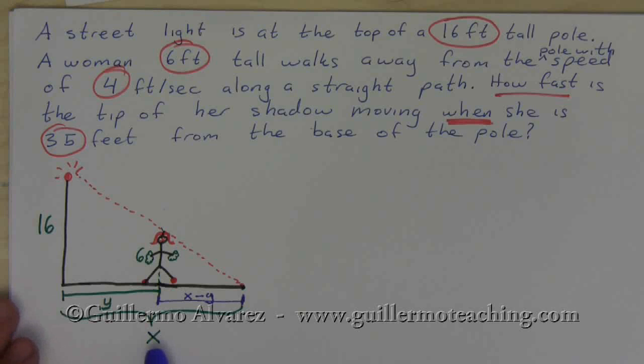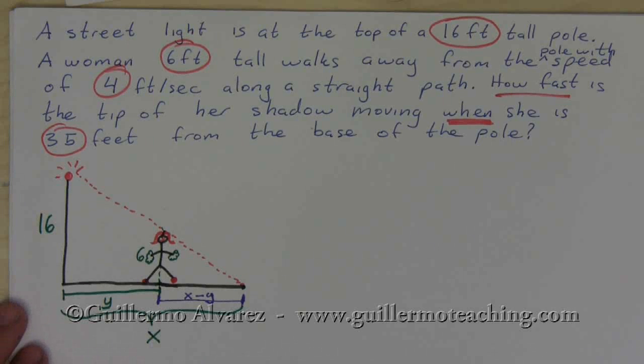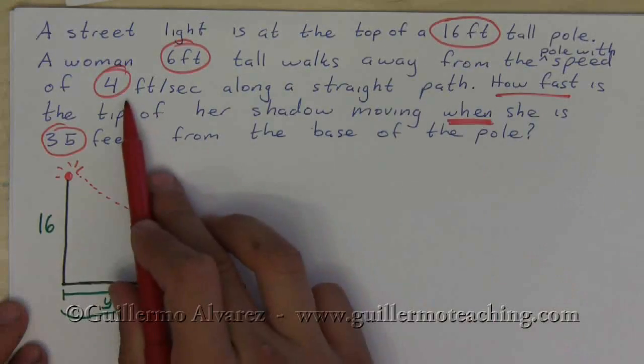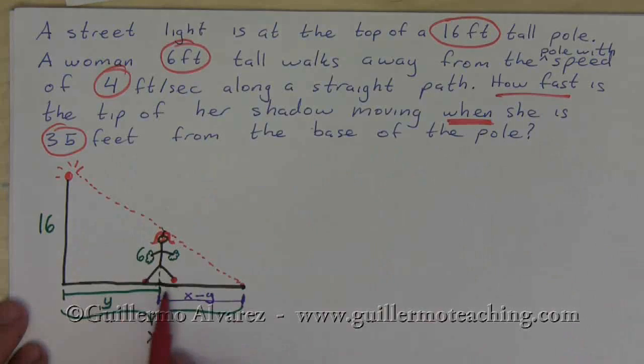Alright, so now that I put a symbol for all these distances, let's label our information. Here we have that the woman is walking 4 feet per second. So the distance from her to the pole is y.